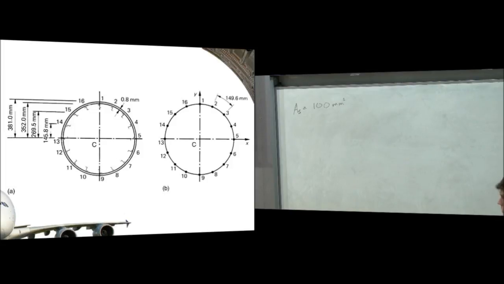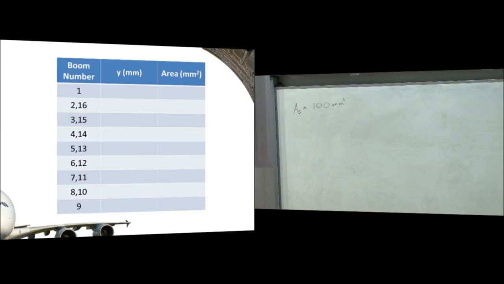So this problem is perfect for a tabular problem. All we need to find the B's are things like thicknesses and ratios of Y positions, so we will use a table like this.